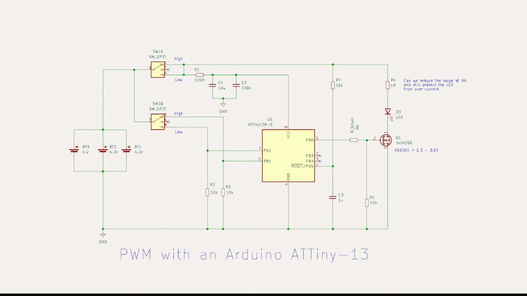The negative is, of course, the batteries power the LED directly, and so as the battery voltage reduces, this is going to keep the PWM constant, and so the voltage across the LED is effectively going to decrease, and so the LED will get dimmer.